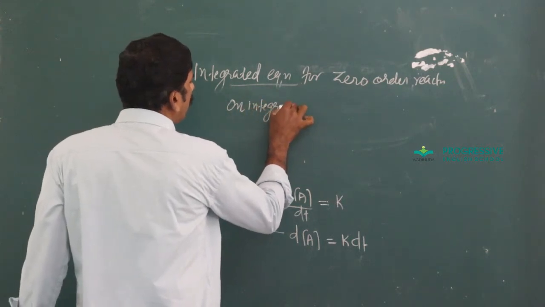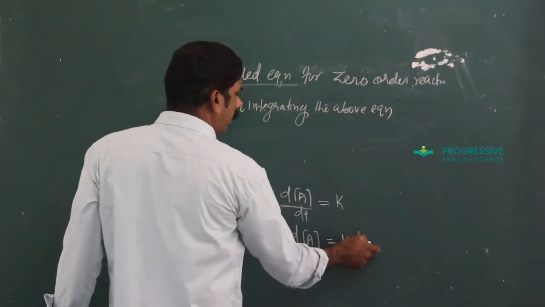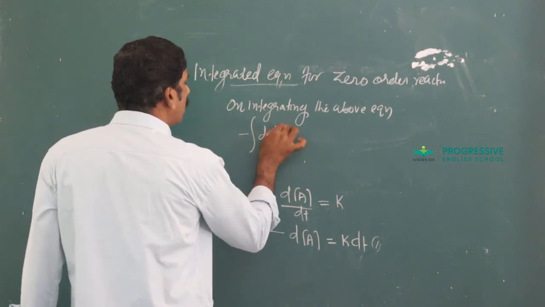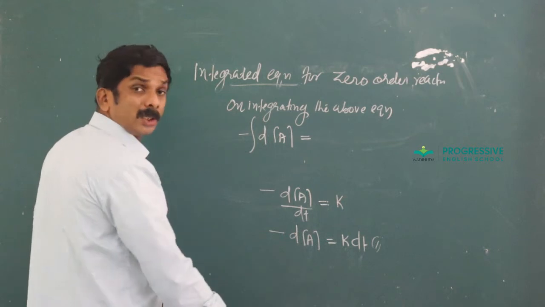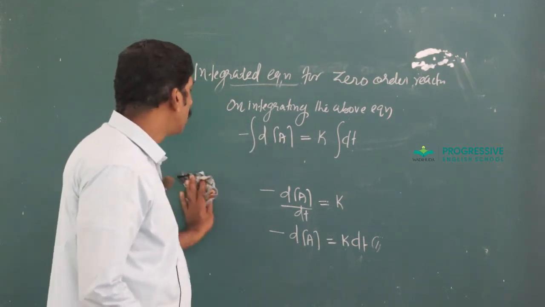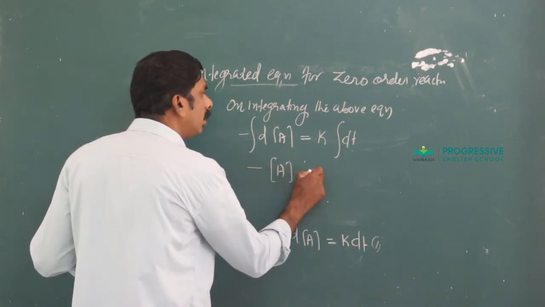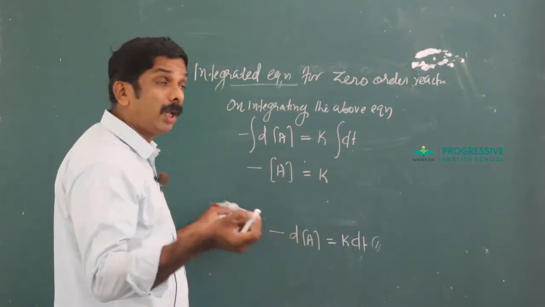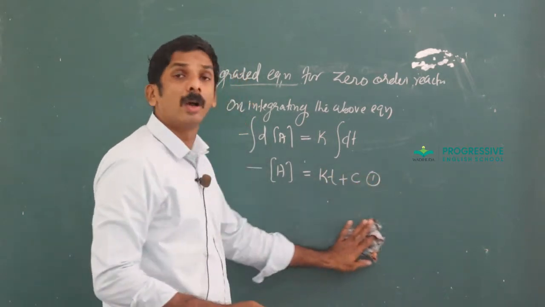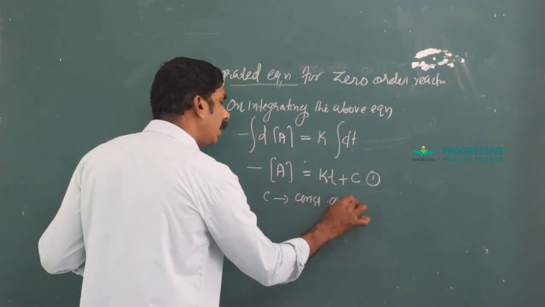On integrating the above equation, that is minus integral dA equal to k, the proportionality constant, into integral dt. dA on integration gives A, that is minus A equal to k into t plus c, where c is called the constant of integration.